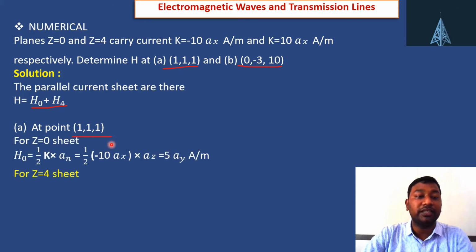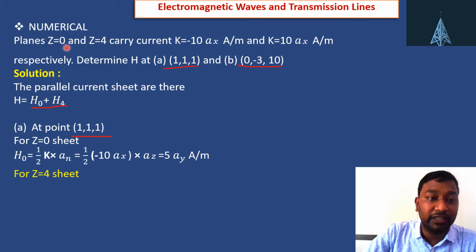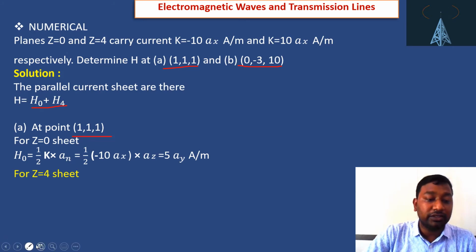Now first we consider the z equals 0 sheet. We already know H 0 equals half into K cross a n. Here K is given: K is minus 10 a x, so we put minus 10 a x.